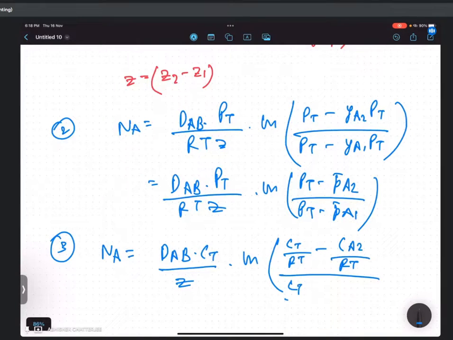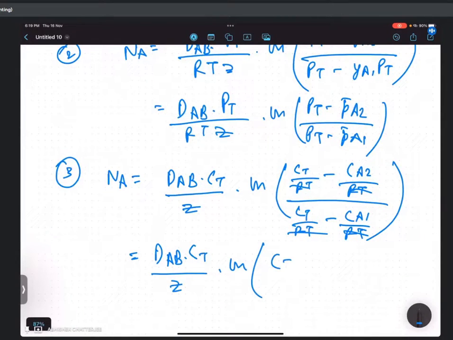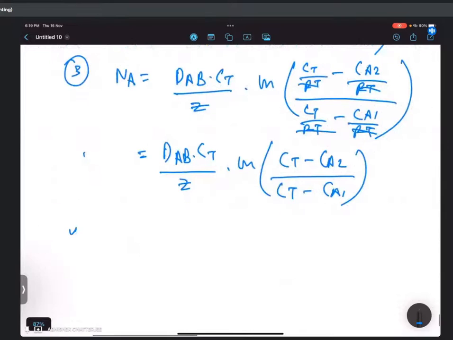This will be again CT by RT, and this will be again CA1 by RT. So RT will cancel out, and you will get a formula DAB into CT by Z into ln (CT minus CA2) divided by (CT minus CA1). Clear?